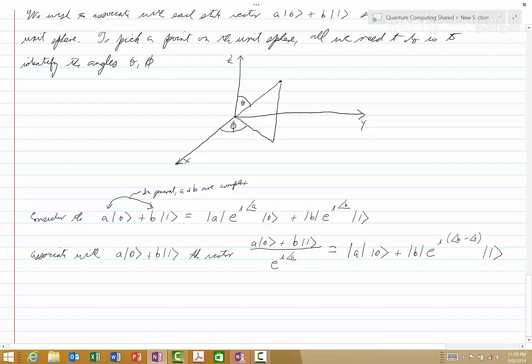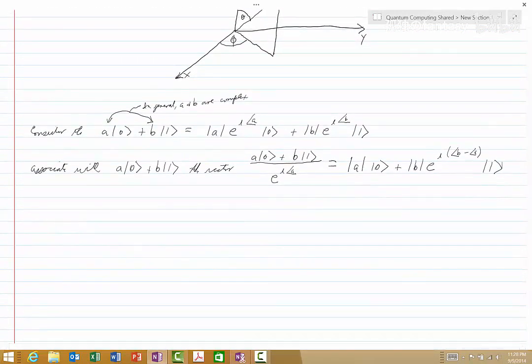Okay? And we are going to identify that with cosine of theta over 2 times 0 plus e to the I phi sine theta over 2 times 1.